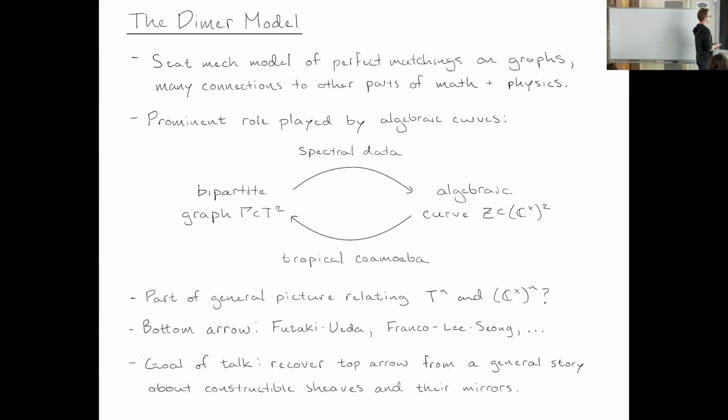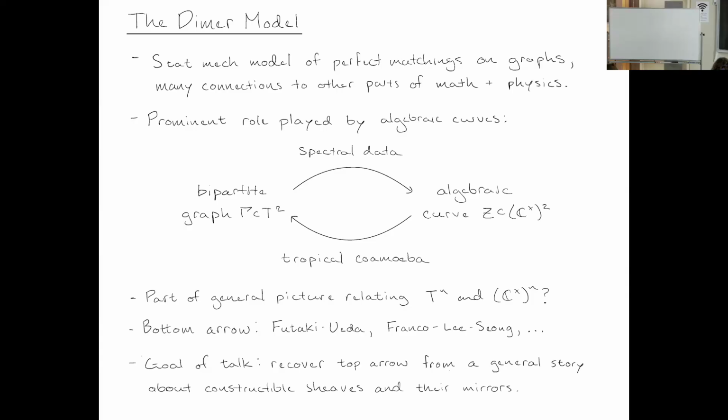And there's a part of the literature that this talk is, in some sense, a response to, that explains how the dimer model generalizes in the sense of this bottom arrow. So a number of authors, Futaki and Ueda in math, Franco, Lee, Song, and others in physics, discuss generalized dimer models, and there's some theory they developed, but it really just generalizes the bottom half of this picture.